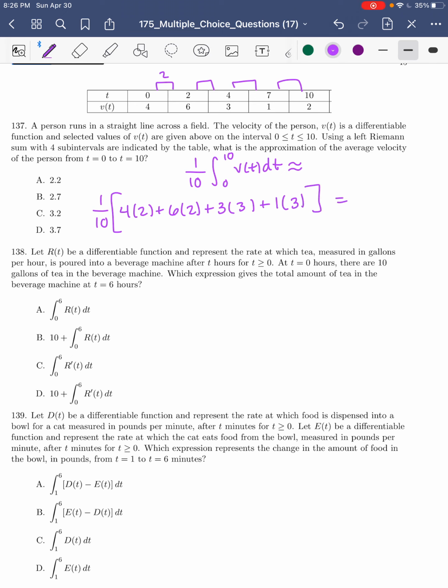So if I do the math here, I'm going to end up with 8 plus 12 is 20, plus 9 is 29, plus 3 is 32. So 32 over 10, which equals 3.2, or C.